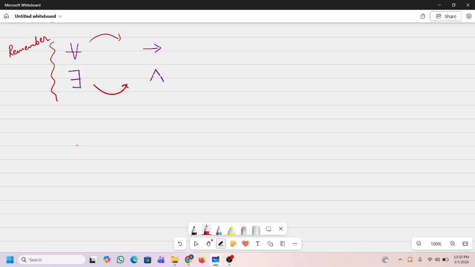One point that I would like to make here is, if you have to remember one thing from this whole lecture, it is this: whenever you have a universal quantifier, then implication will come once you are writing in first order logic, and if there is an existential quantifier, then there will be an and. These two things you must remember.